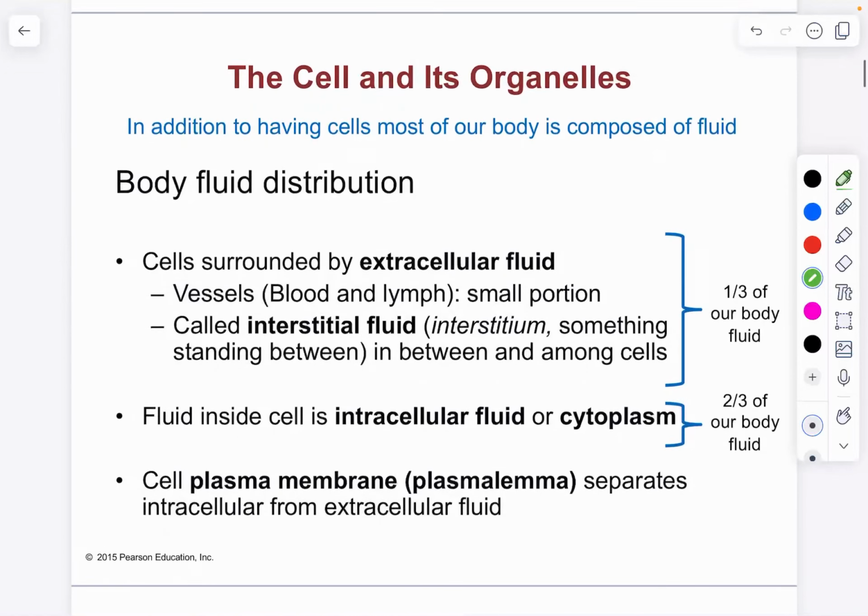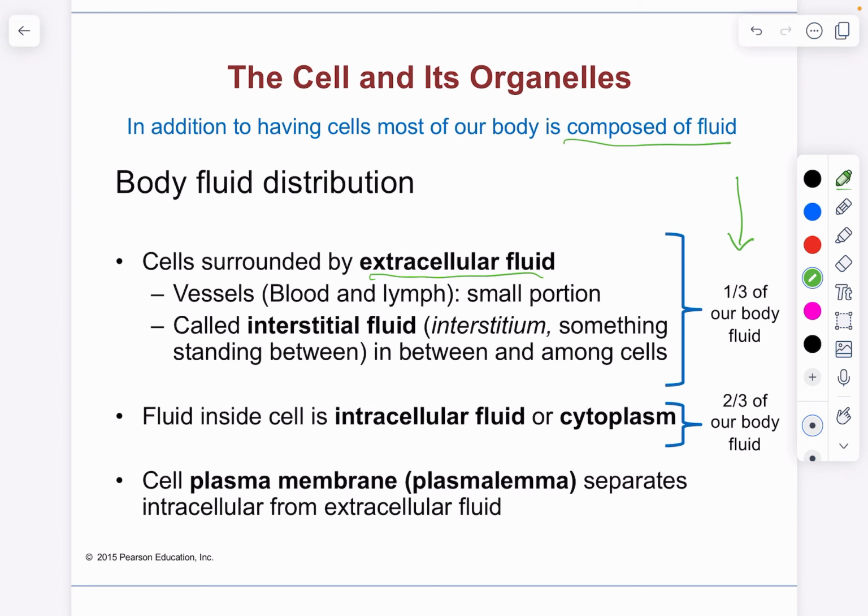All right, so in addition to having cells in our body, most of our body is composed of fluid. This slide is outlining the distribution of body fluid. You can kind of see that here. One third of all of our body fluid is considered extracellular fluid, extra meaning outside of the cell.